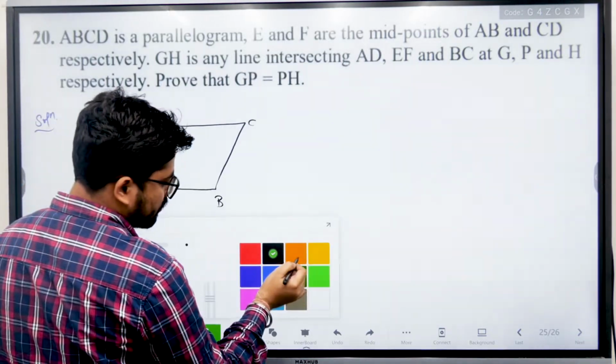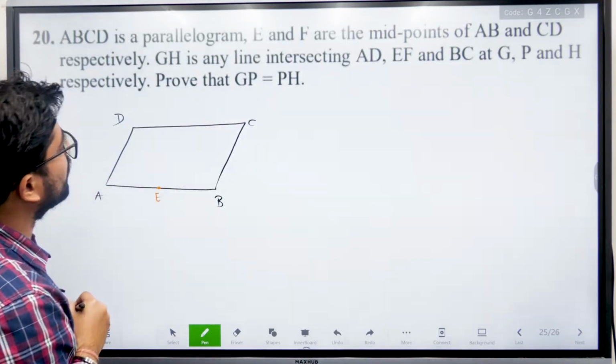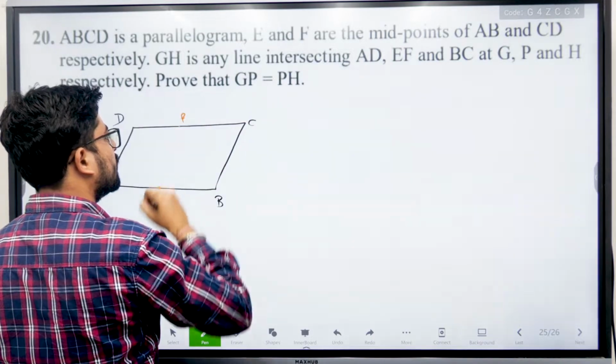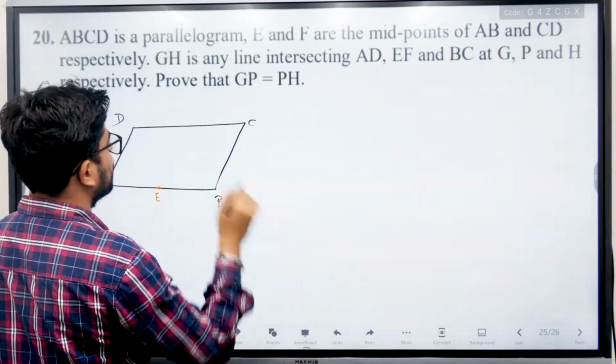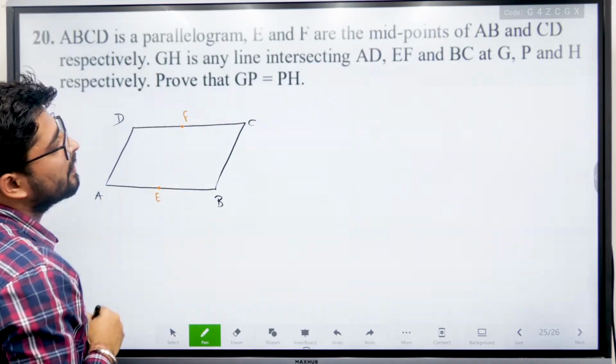So E is the midpoint of AB and F is the midpoint of CD.